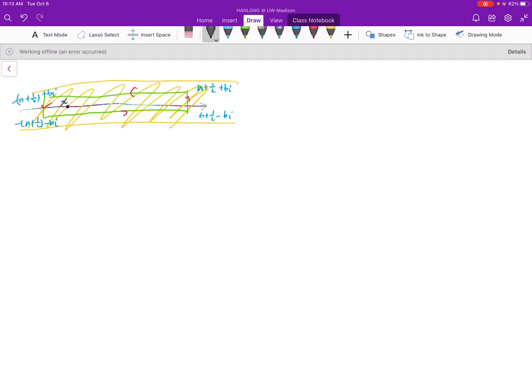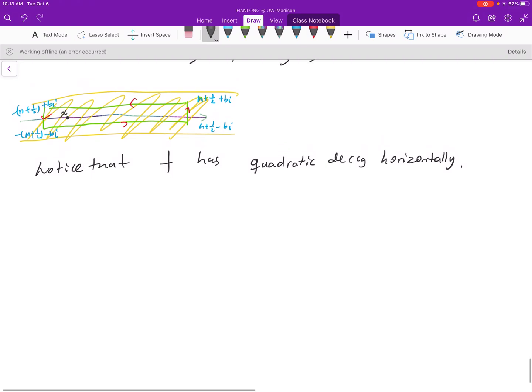And notice that f has quadratic decay horizontally. Therefore, just as what we did in the proof of the Poisson summation formula, the vertical part of the contour can be dropped when you take a limit, and also the limit of the integration along the horizontal lines exists.